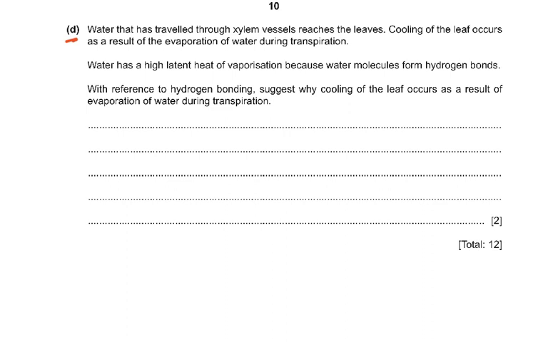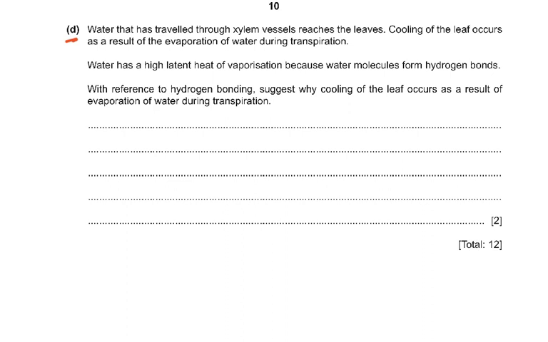You see, hydrogen bonds between the water molecules must break for the water to change from a liquid state to a gaseous state, from liquid water to water vapor. So the hydrogen bonds must break.